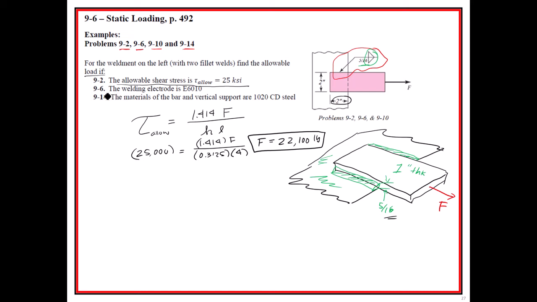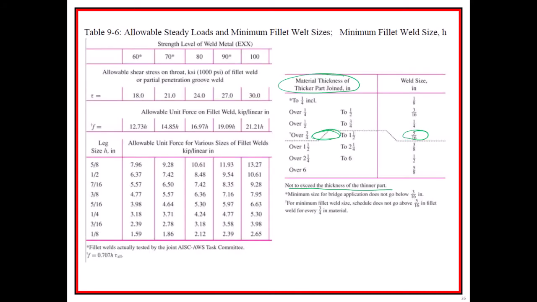Now we go down and we do 6 right here, right? 9-6, and we use electrode 6010. A 6010 electrode. If we come up to this table right here, we don't use 60,000 psi, that's the 60 ksi tensile strength.